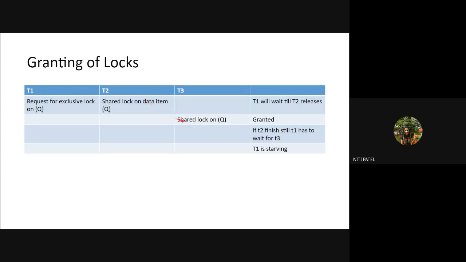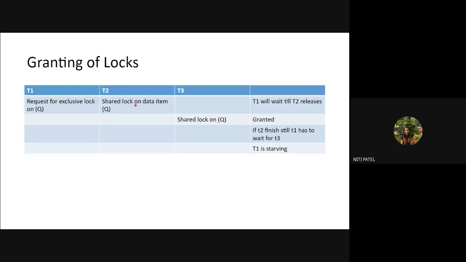That means read and read on the same data item by two different transactions is allowed. Why is it allowed? Because they do not result in conflict. T1 will not be allowed because it wants to perform read and write also. Since read-write can create a conflict, T1 is made to wait till T2 releases.